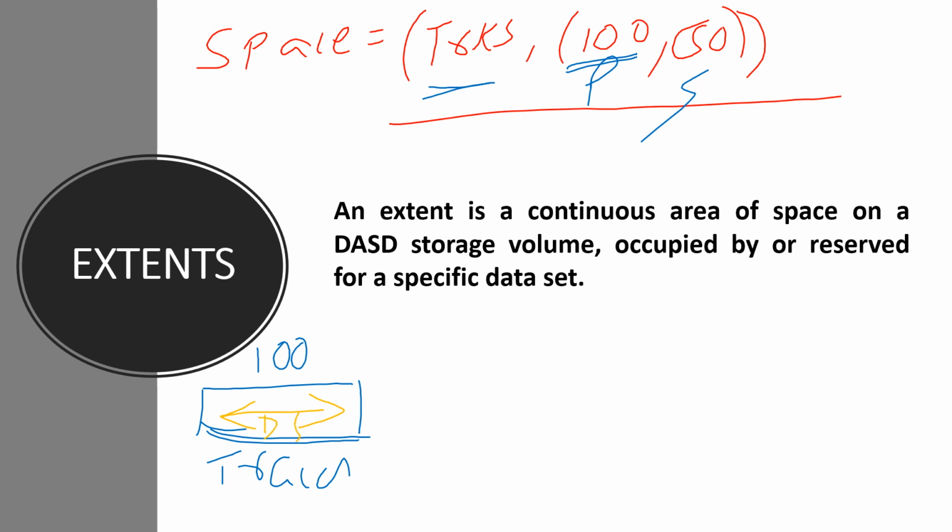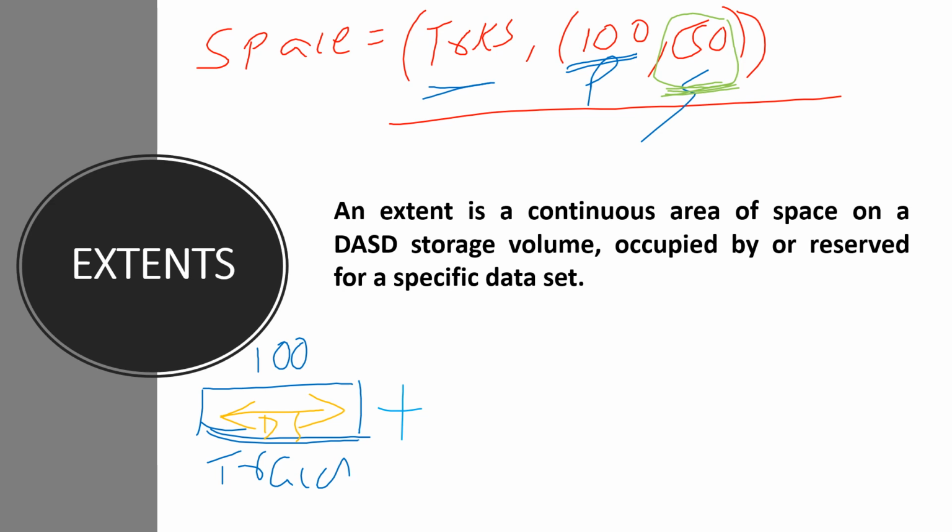So what happens next? How does an extent come into the picture? Your data set needs more tracks. It means after 100 tracks it is extended, because more data is going into the data set. Then these 50 tracks come into the picture, since your secondary allocation is 50 tracks.